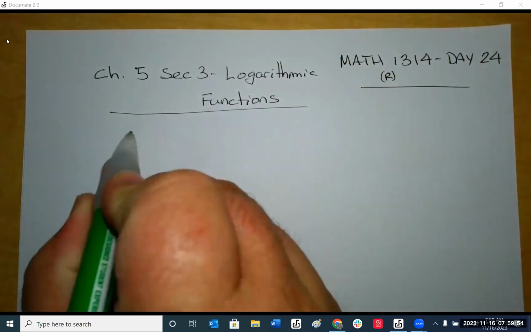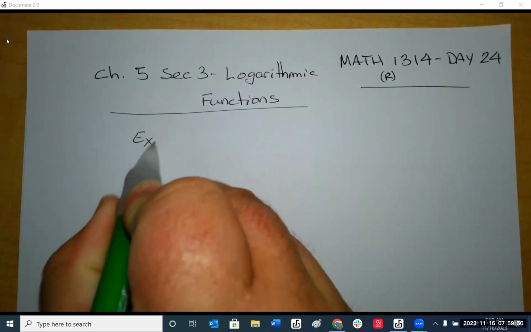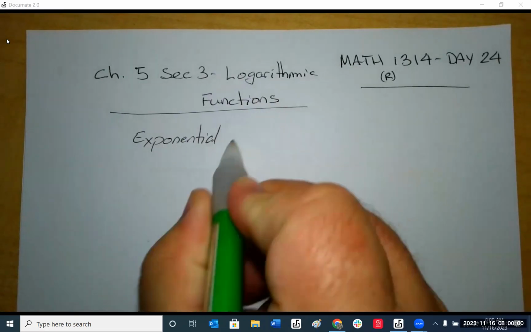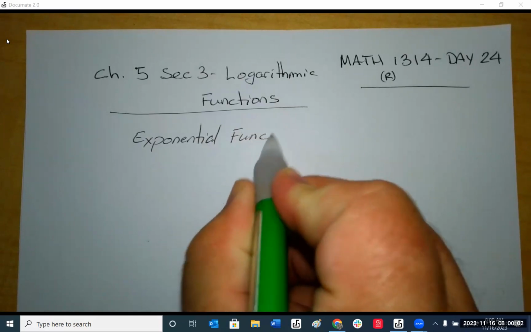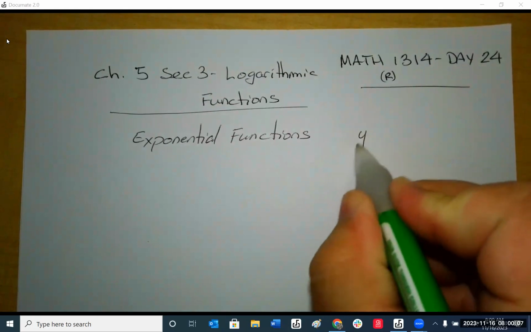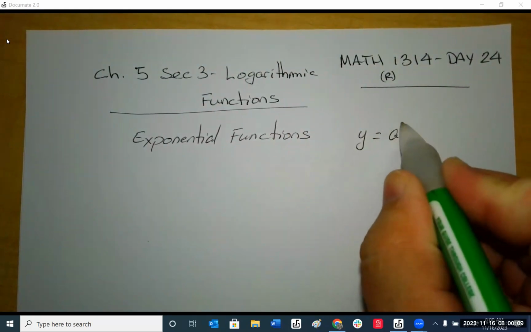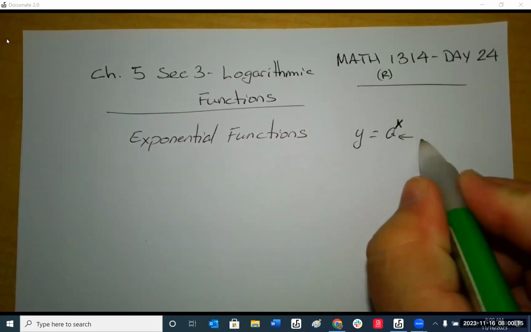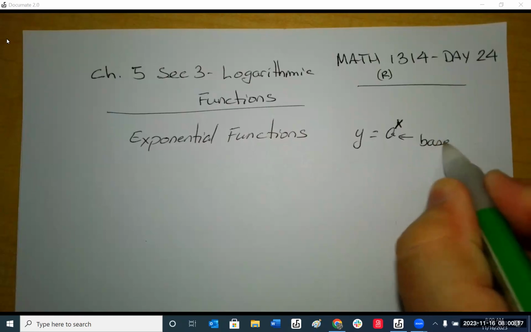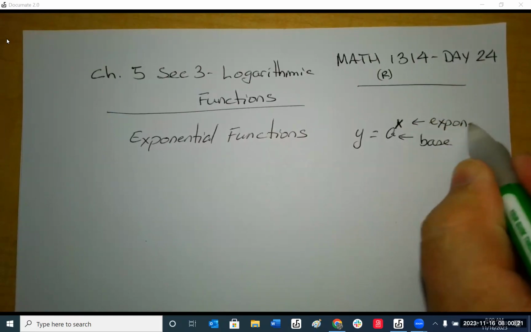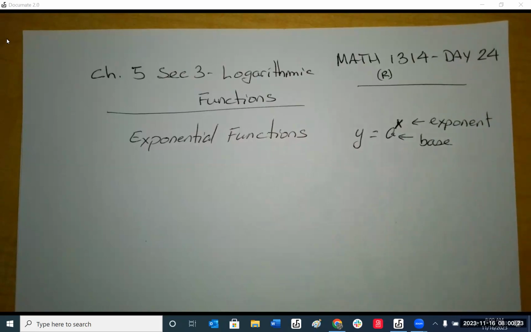Okay, last time we talked about exponential functions. And those look like this, where this is our base, and that's our exponent.